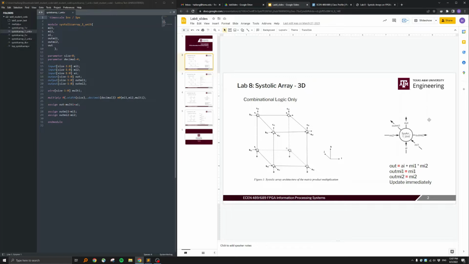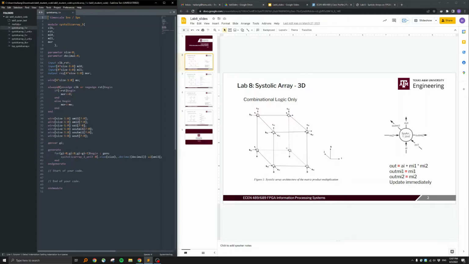The design of this unit is provided to you, and you will need to understand how this works and create 8 instantiations of this small unit. We just need to connect the input and output properly with each other, of course with the input and output, so that you will see the output at C here, right?